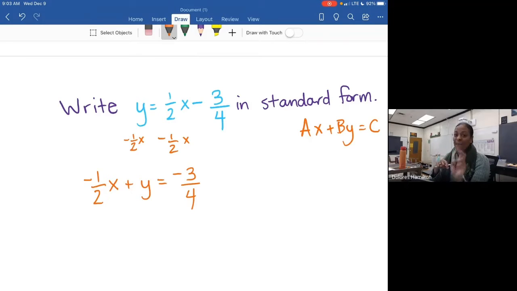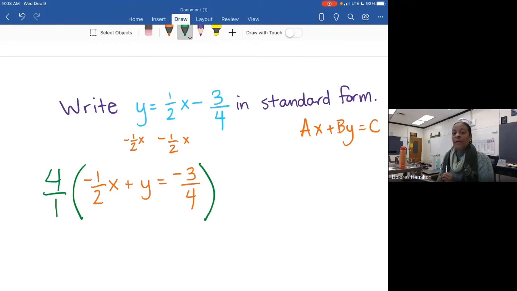Remember folks, a, b, and c, we want them to be integers, and I want my a term to be positive as well. So we notice that I have a 2 in the denominator that I need to get rid of, and I also have a 4 in the denominator that I need to get rid of. So now we're going to multiply that entire equation by the number that will eliminate my 2 and my 4 from the denominator.